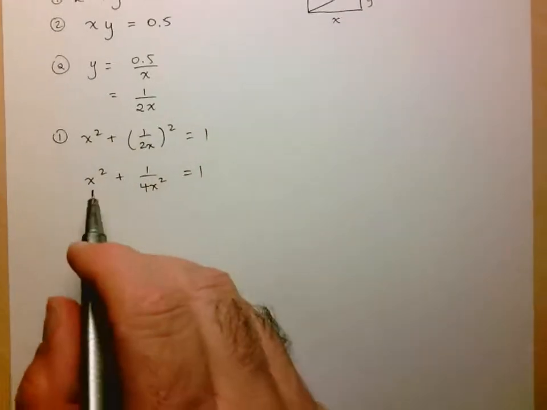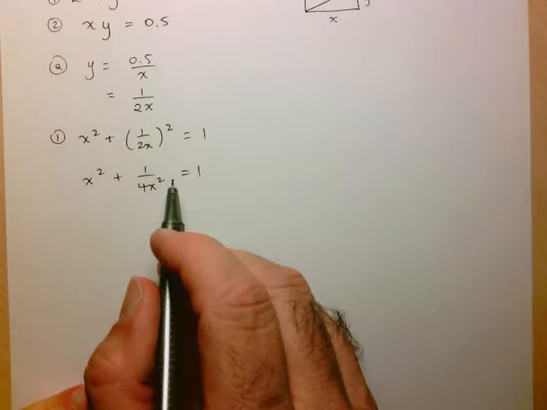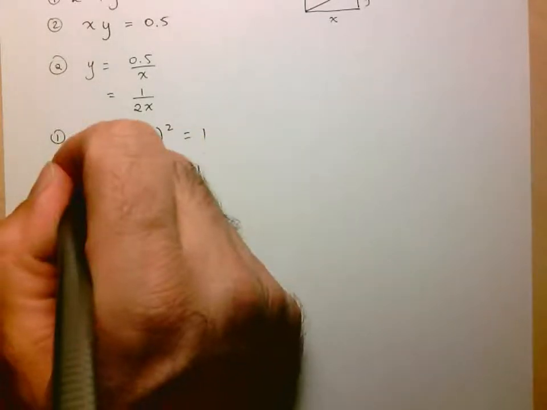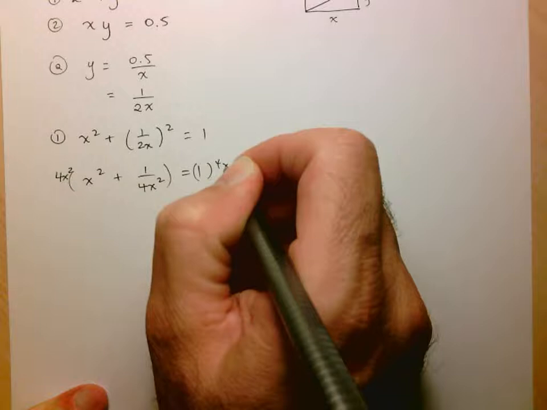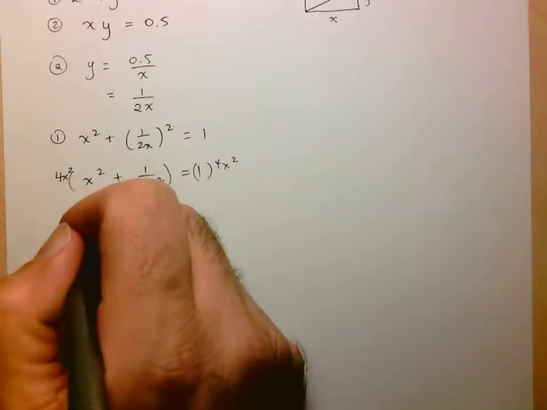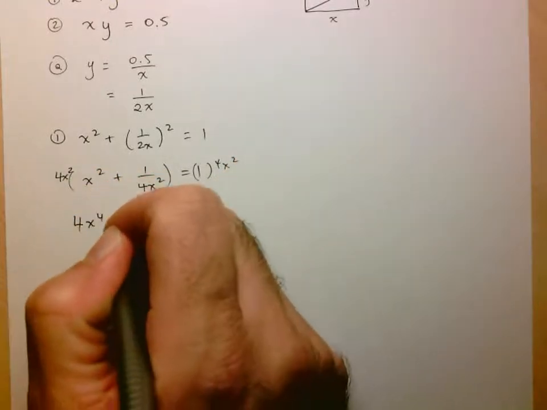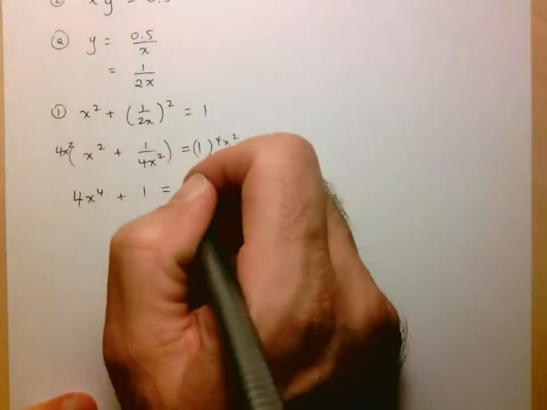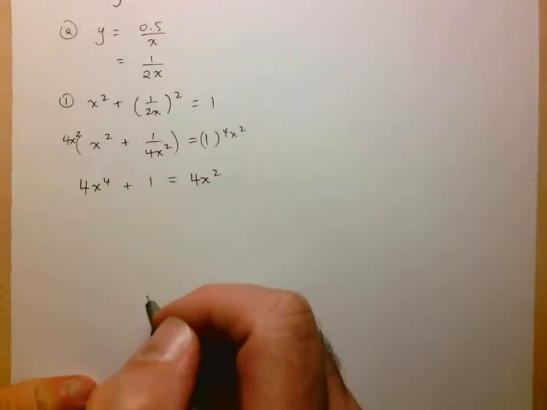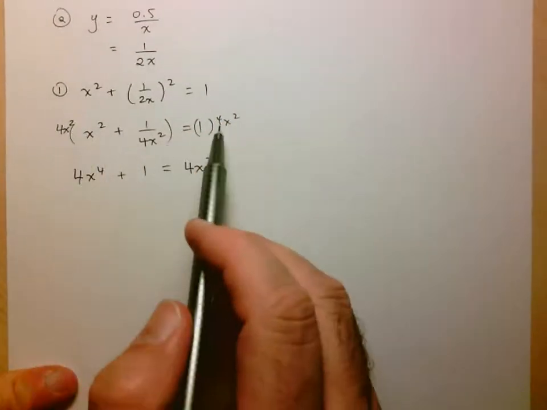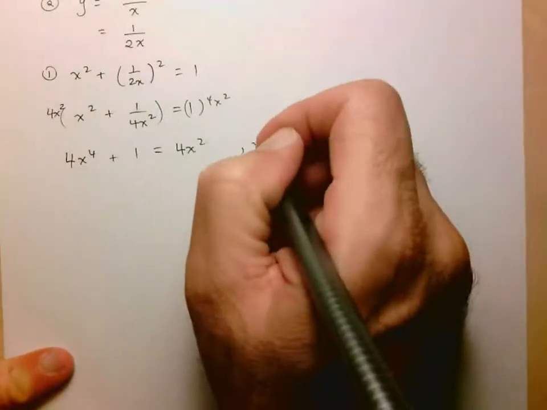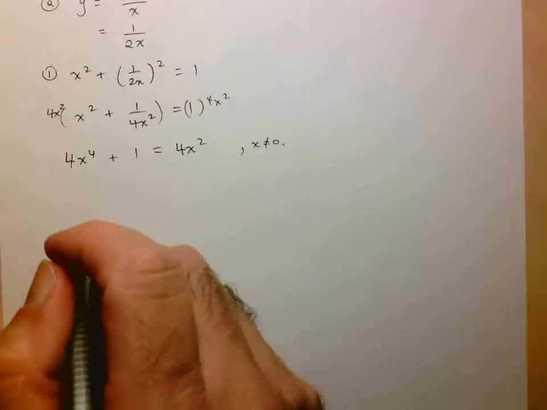I'll multiply both sides by 4x squared to clear out the denominator. Here 4x squared times x squared is 4x to the 4, plus 1, as the 4x squareds cancel out, equals 4x squared. So I've turned this rational equation into a polynomial one, and we keep in mind that x can't be equal to 0.